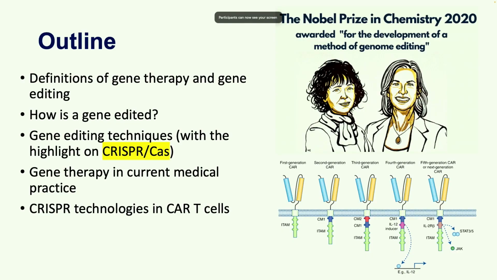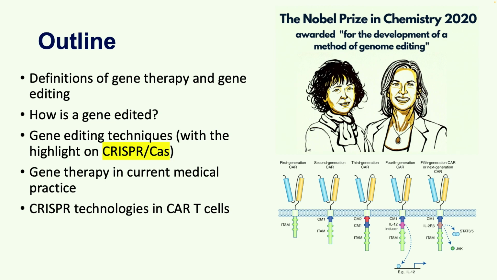And then we will move on to how a gene is edited. And then we will be focusing on CRISPR-Cas, which is one of the gene editing techniques. And then I will talk to you about gene therapy in current medical practice and end the talk with CRISPR technology in CAR T cells.